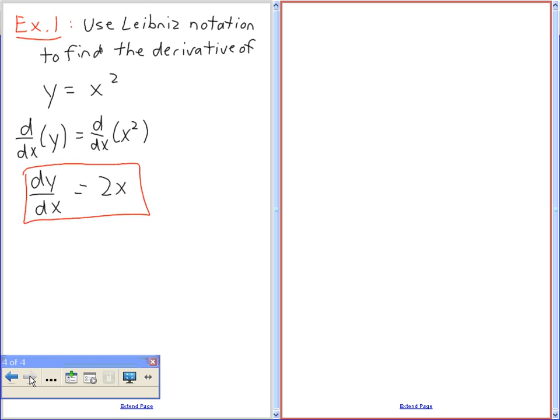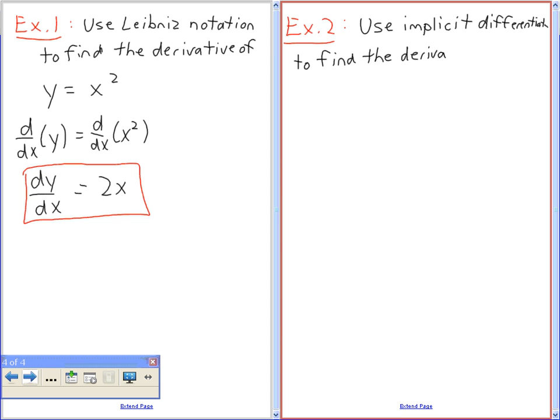Example 2: use implicit differentiation to find the derivative of x squared plus y squared equals 25. What we're going to do is take the derivative of each part.